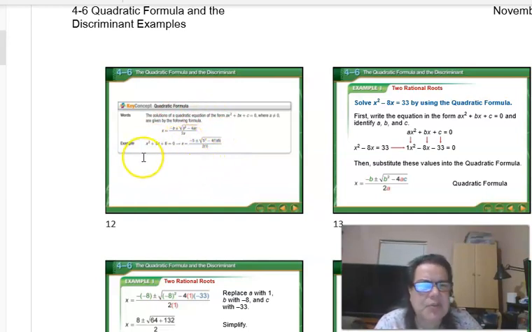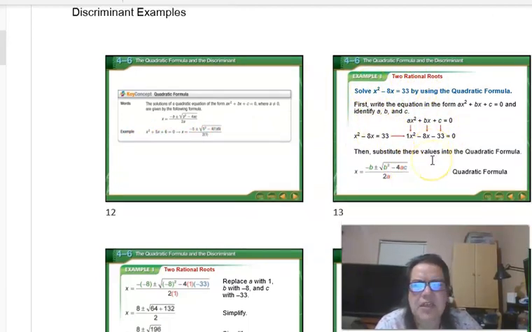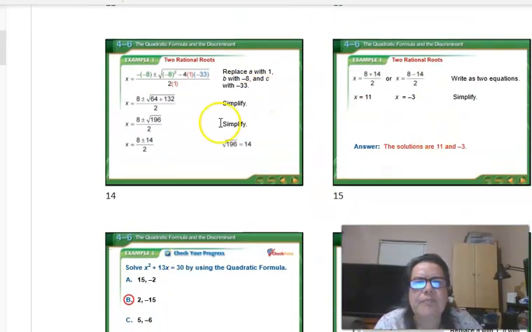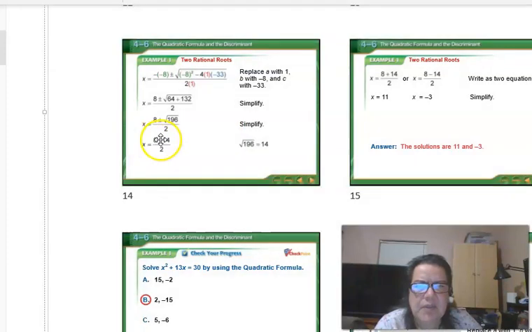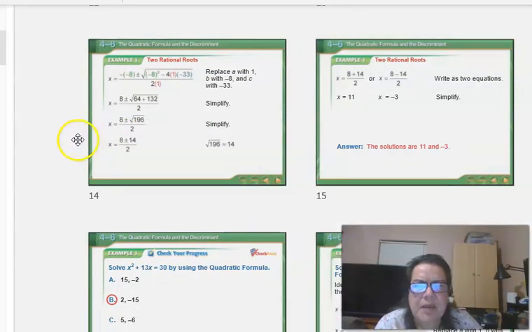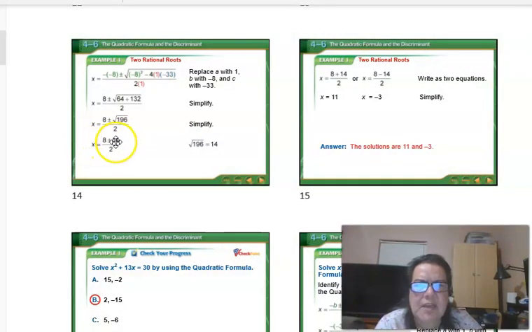It gives you an example, so you can practice that example, see if you get the same answer. And then it gives you another example here to practice using the quadratic formula, just like I demonstrated. So notice how they did the exact same thing I did. You could end up with a positive root or a negative root, and so you make sure you attend to those as you're doing these questions.